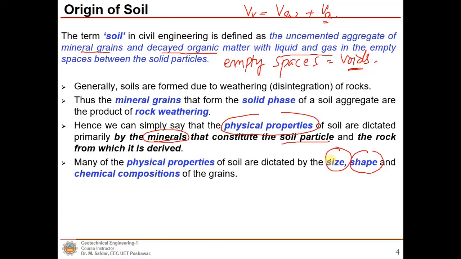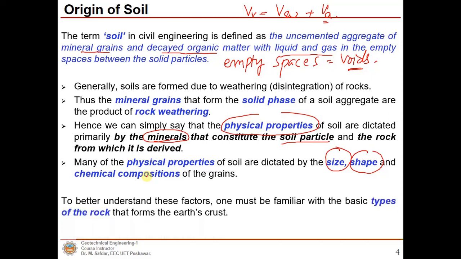These all lead to certain types of engineering properties. Chemical composition, for example, the mineralogy, different types of minerals are present, for example, feldspar, in clays, illite, kaolinite, montmorillonite, carbonates, and other minerals also lead to different types of engineering properties.